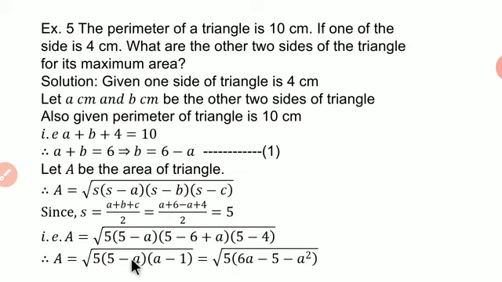So it is equal to the square root of 5 multiplied by (5 minus a) into (a minus 1). Simplify this bracket, and here we get it is equal to the square root of 5 into (6a minus 5 minus a square). If we solve these two brackets, we get 6a minus 5 minus a square.